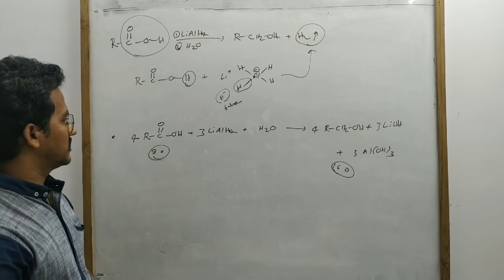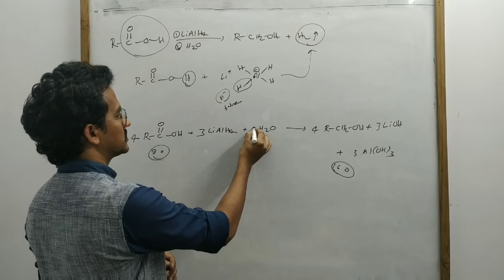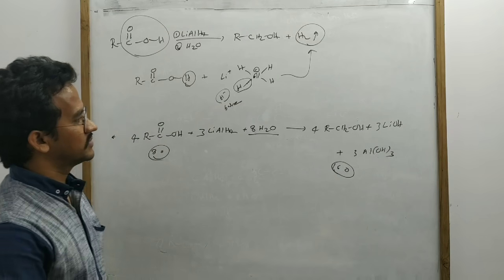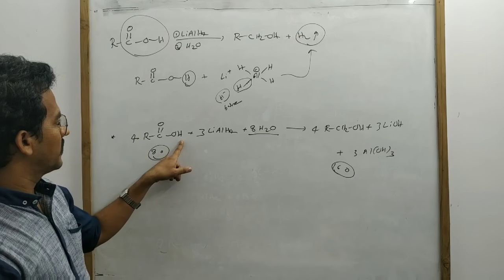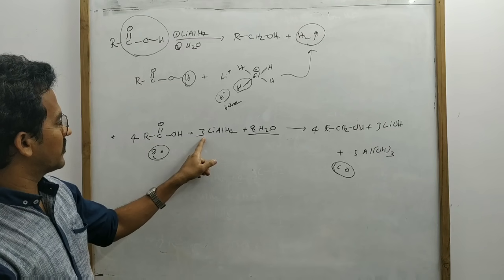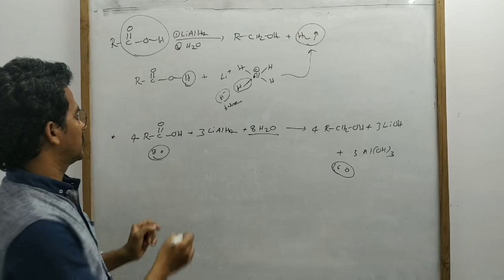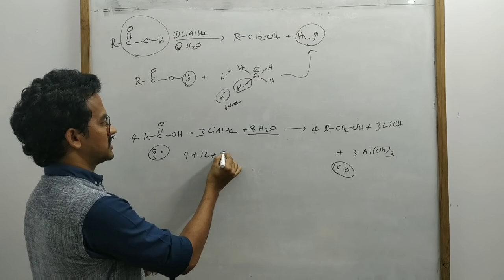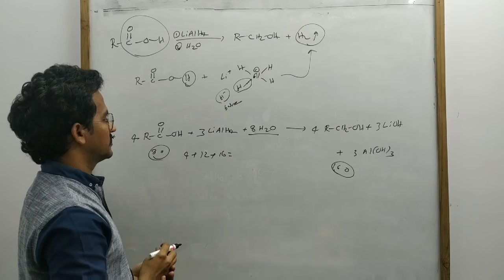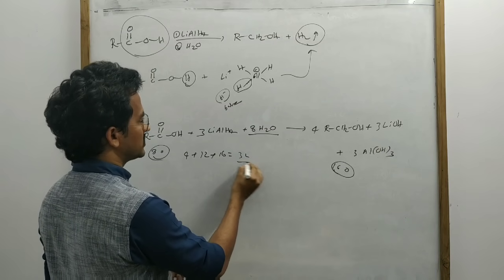So out of this, the remaining one, 8 oxygens. That means here 8 H2. Okay. So number of hydrogens 4. Here number of hydrogens 12, 4 hydrogens plus 12 hydrogens plus here 16 hydrogens, so totally 32 hydrogens.